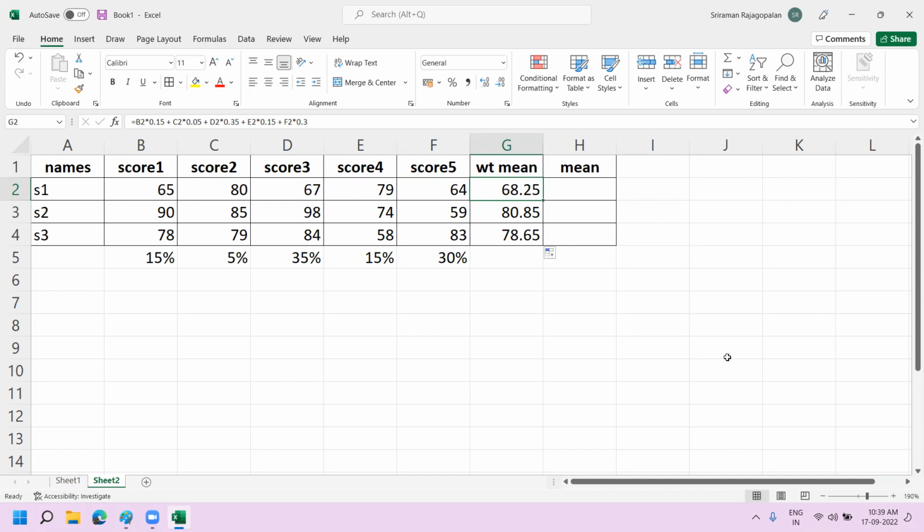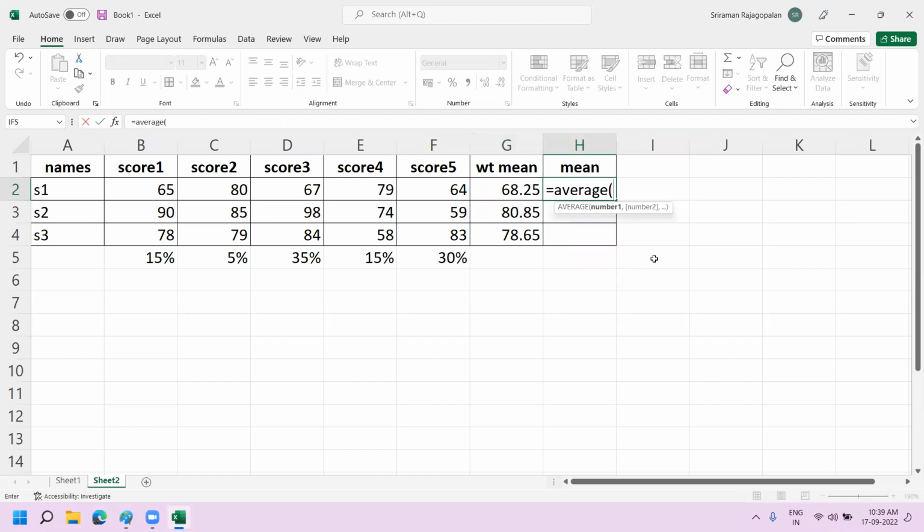So I have created one more column called mean. So if you just take the average, here we can see that there is a slight difference in the two means, weighted mean and the regular mean.